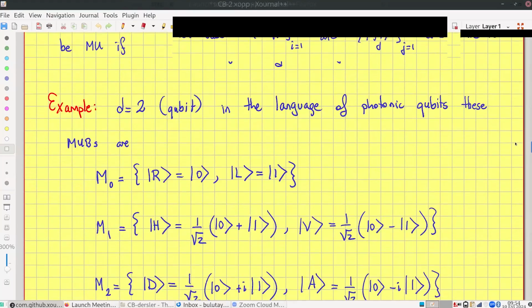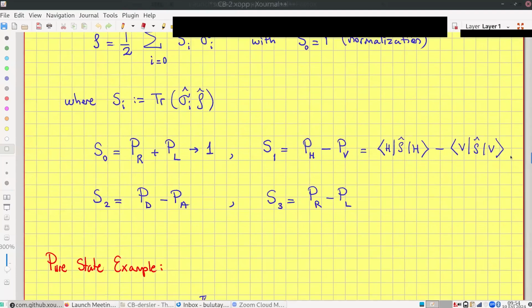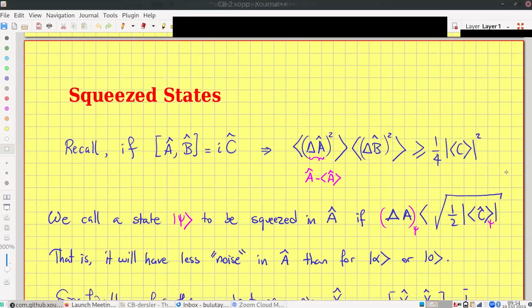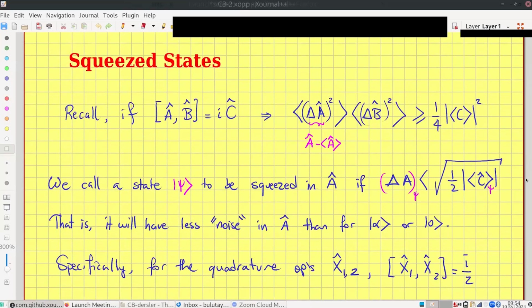Now, again, Sabih Hoca talked about squeezed states, let me also run through my lecture notes on squeezed states, because it's quite important in quantum optics and also in quantum information.